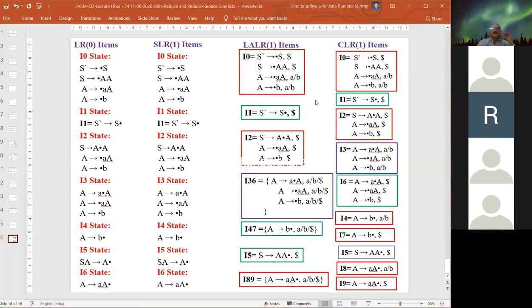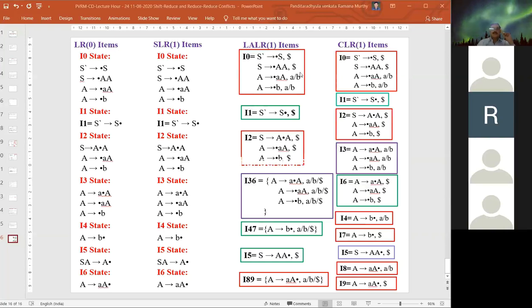But in LALR and CLR, we get extra information with each production indicating when to reduce, based on the follow symbols included in the items.